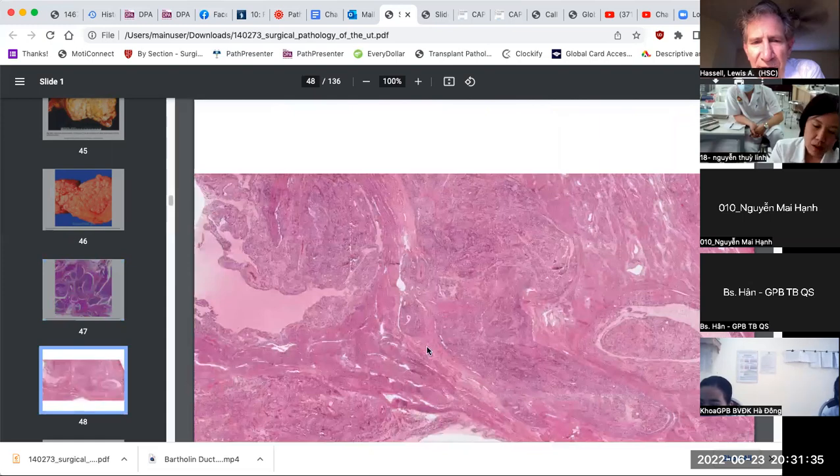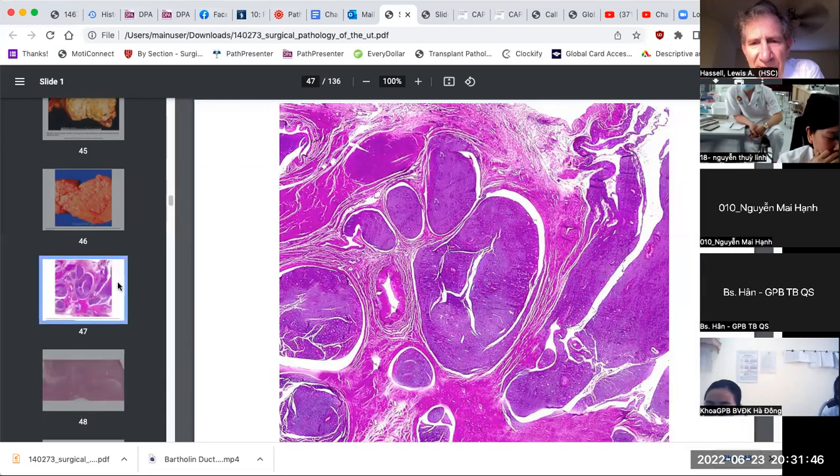Whereas here with intravascular leiomyomatosis, you'll see that this infiltrative pattern has a more smooth muscle-like pattern. It doesn't have this very diffuse blue pattern with the very small vessels that we associate with stromal sarcoma.